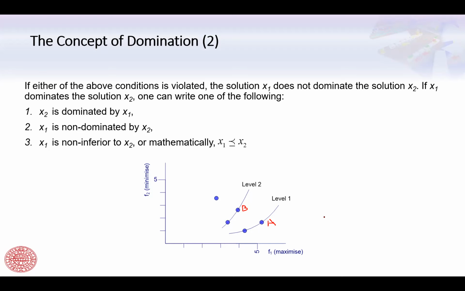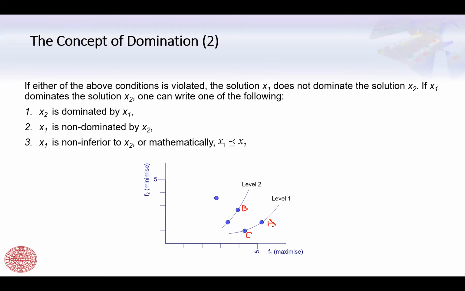Okay, but now we have another solution we try to compare. Let's call this A1. I think it's confusing, so let us rename it and call it C. Now, in terms of f1, A is actually better than C, right?